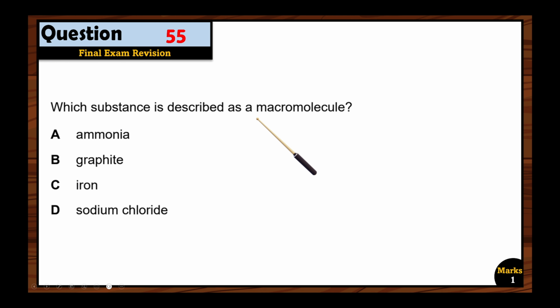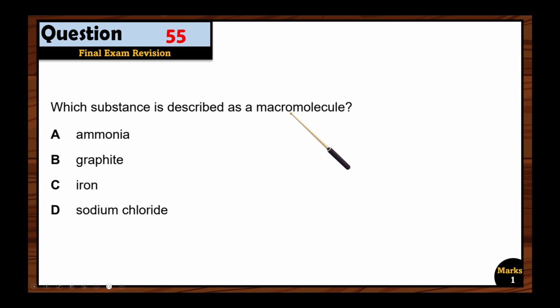This substance is described as a macromolecule. Usually, if you see all of them here, sodium chloride, graphite, ammonia, iron. Ammonia is a simple molecule, right? But graphite, iron, sodium chloride, they are giant structures.